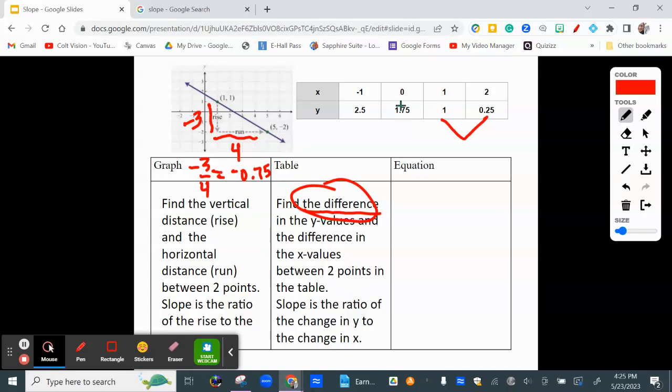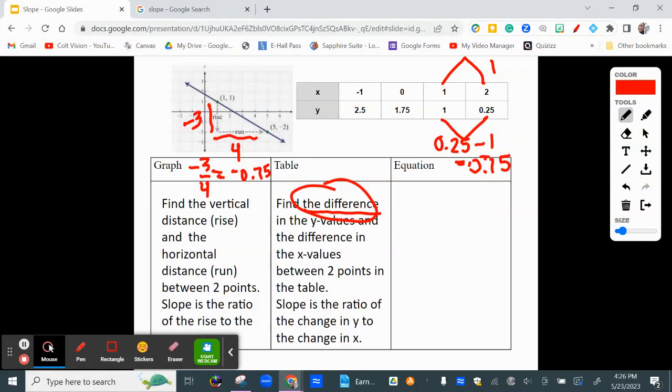To find the change in y, I subtract the second number minus the first number: 0.25 minus 1, and I get negative 0.75. Then for x, 2 minus 1 is 1, so I have negative 0.75 over 1.